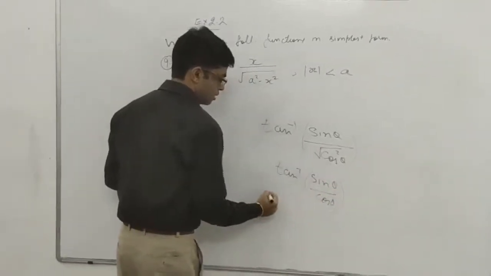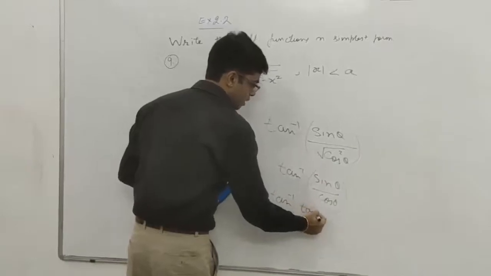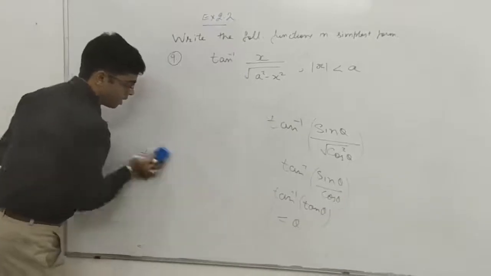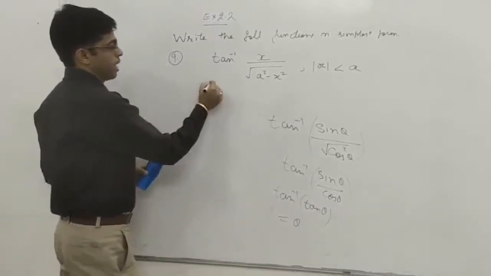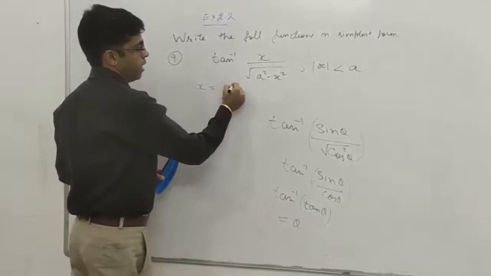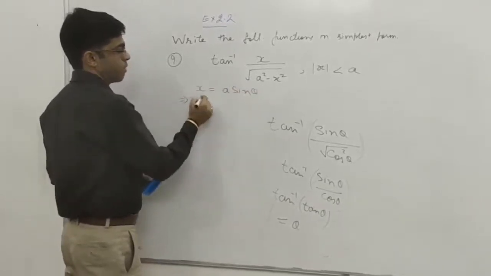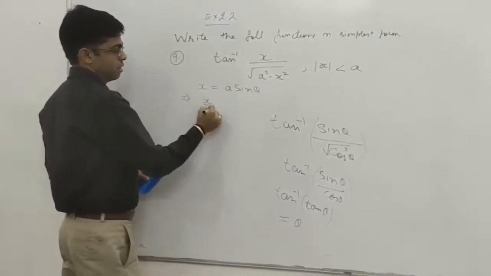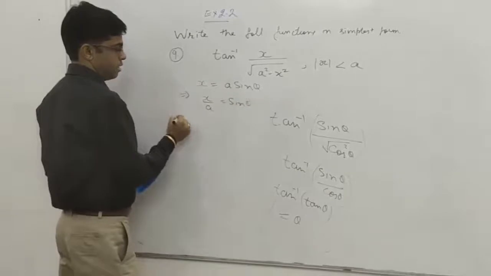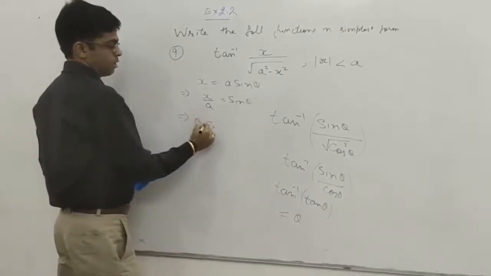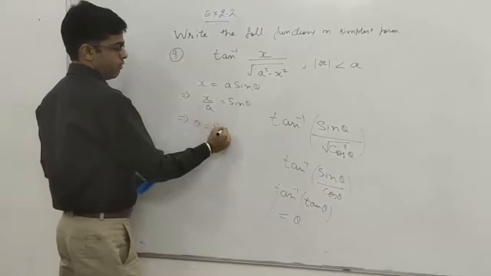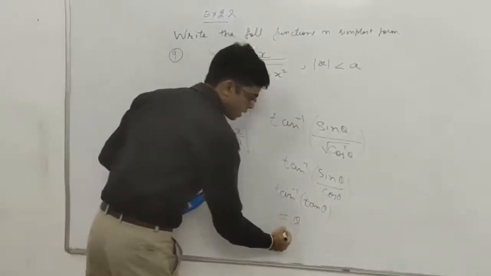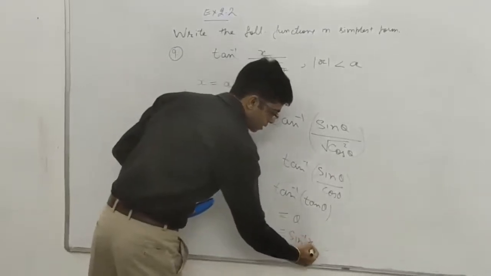So this is tan inverse tan theta, and this equals theta. But we had supposed x equals a sin theta, so first of all we will transpose this, and then theta will be equal to sin inverse x upon a. So our answer is sin inverse x upon a.